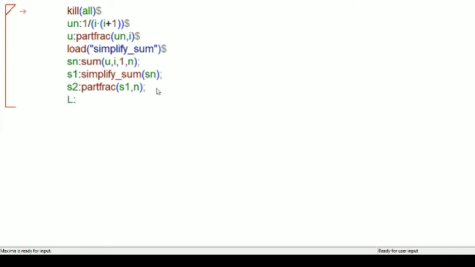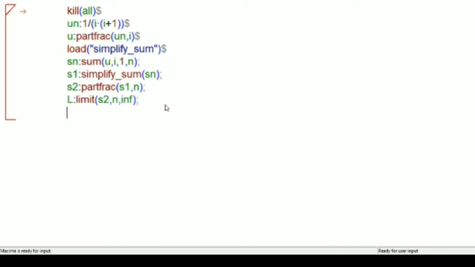Let's store this in L, limit of S2 where n goes to infinity. And remember, this is the limit as n tends to infinity of Sn. Your Sn, which is the sum of first n terms, has been simplified and stored in S1, and S1 after partial fraction with respect to n is stored in S2. So this is nothing but Sn only after simplifications.